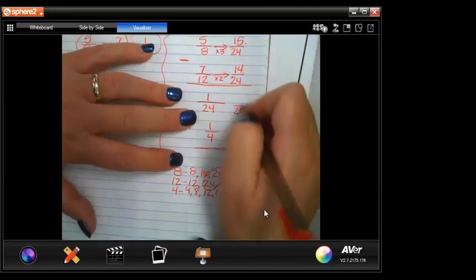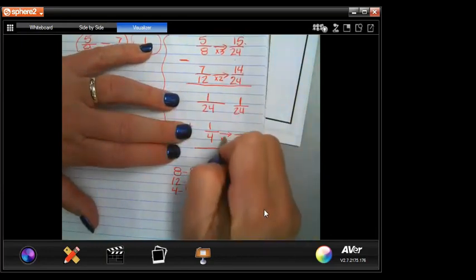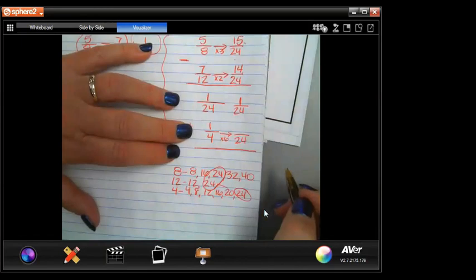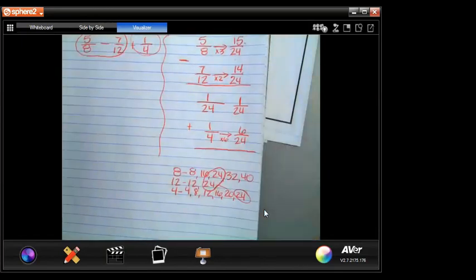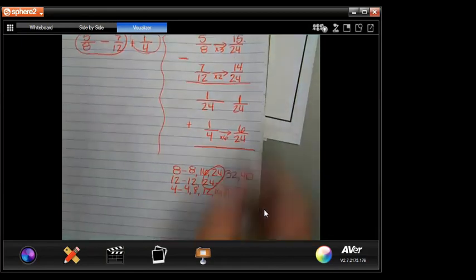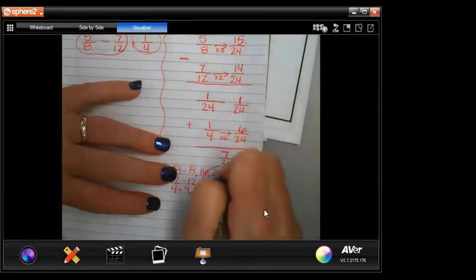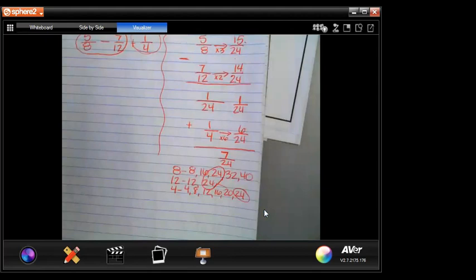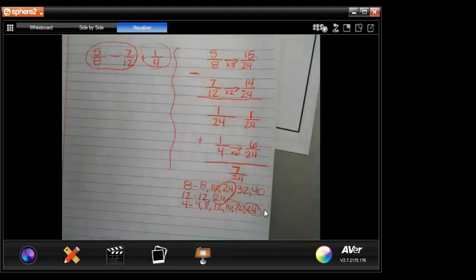So this one doesn't change. 4 times 6 is 24. So 1 times 6 is 6. And last but certainly not least, we add our numerators and our denominators stay the same. Okay, so the result of this is 7/24.